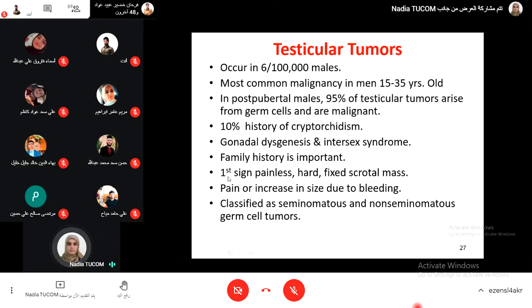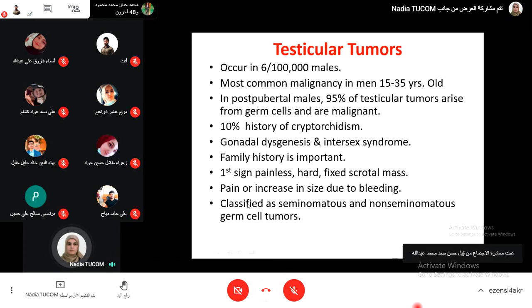The first presentation is a painless, or sometimes painful, hard fixed scrotal mass. Pain increases when there is an increase in size and bleeding inside the tumor.